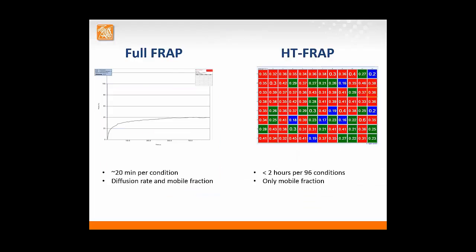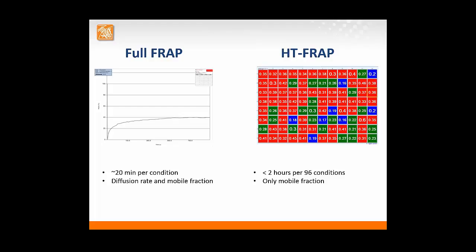Diffusion of membrane proteins in the lipidic cubic phase is about 2-3 orders of magnitude lower than diffusion in aqueous solution. Therefore, it requires at least about 20 minutes to record the full fluorescence recovery curve from which you can accurately deduce the diffusion rate and mobile fraction. We wanted to look at many different precipitant conditions.